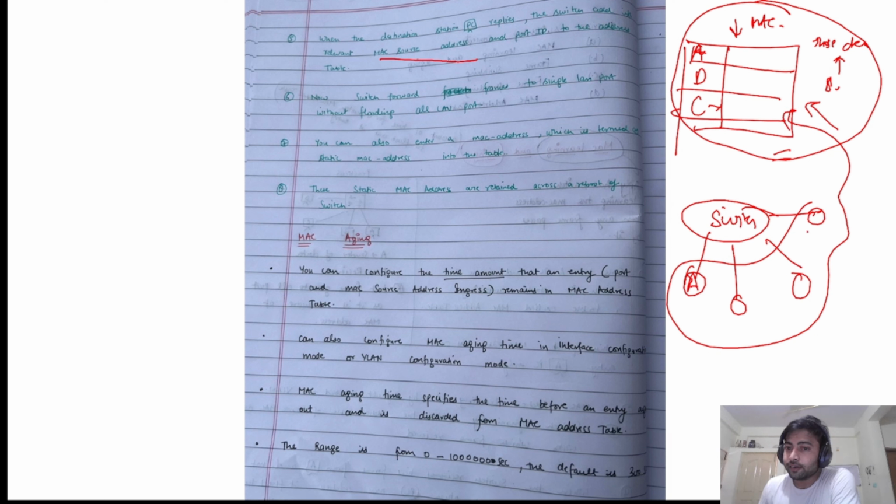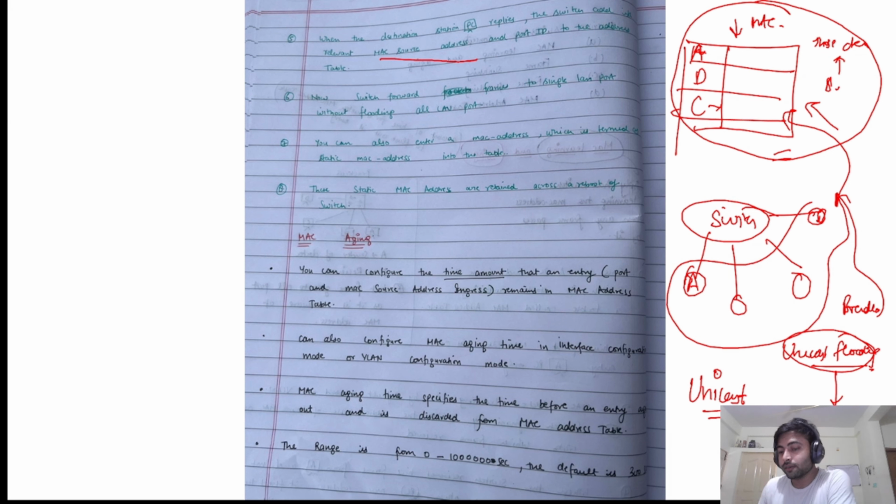Now let's say device A and device B are going to communicate. This will follow a process of unicast. So now unicast will happen. Earlier, what was happening was broadcasting. Unicast flooding is when the switch removes the entry from the MAC address table, and because of this, it floods the data.